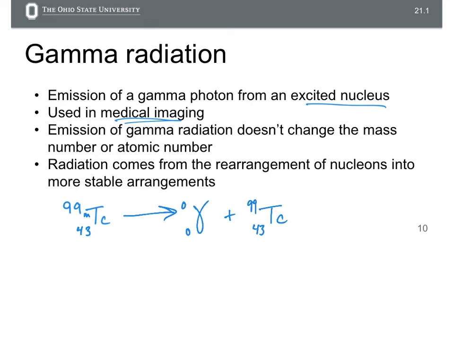But in medical imaging, you would take some sort of drug or compound that is doped with technetium, and that drug would go to a particular organ of interest. It could go to the skeleton, gallbladder, any number of organs, tumors, that kind of thing.